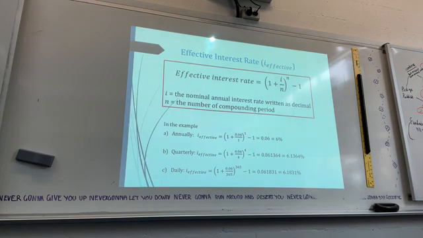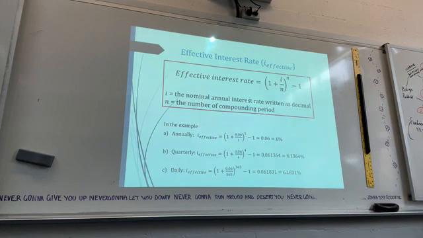So you can see from that example, for annual, the I effective is of course the same because it's compounded 6% annually. However, for quarterly, you have to divide the interest rate by 4 first, and then bring it to the power of 4 and take away 1.